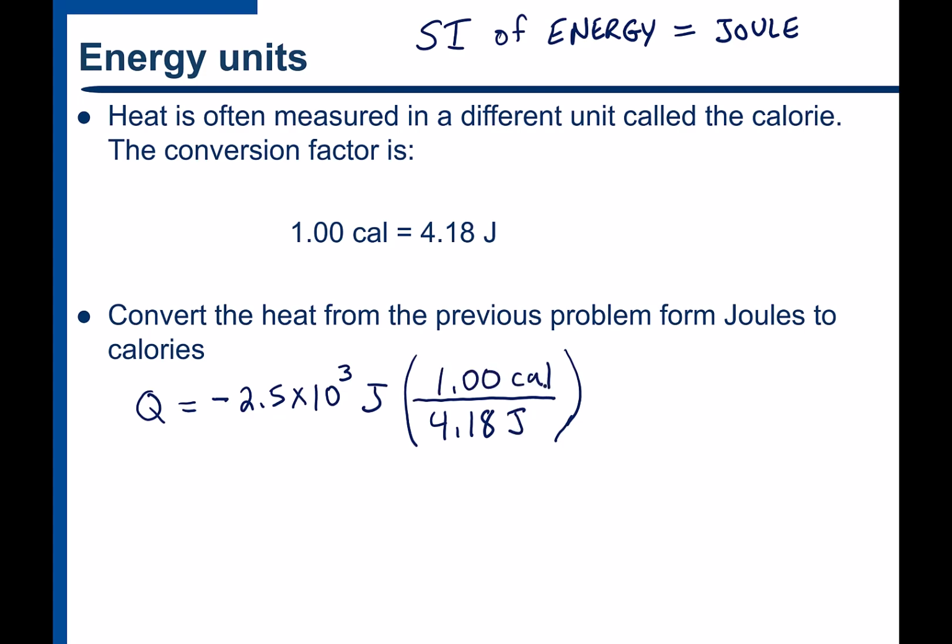And so if we look at that, we can see that we have successfully canceled joules. And we just have to take that negative 2.5 and divide by 4.18. And when you do that, you should get negative 598 calories. So you'll notice about 4 joules to 1 calorie.